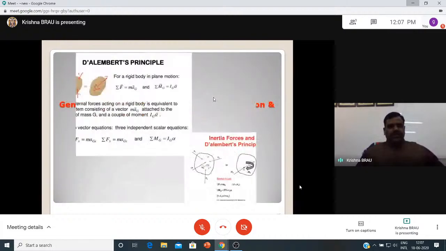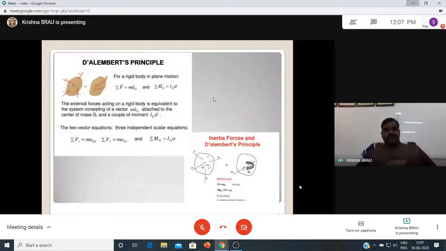Now let us consider D'Alembert's principle in rotation, for a rigid body in plane motion and rotation, because it is a combination of translation and rotation. This is the translation equation, because the system of forces are acting. This is equal to mass into acceleration.